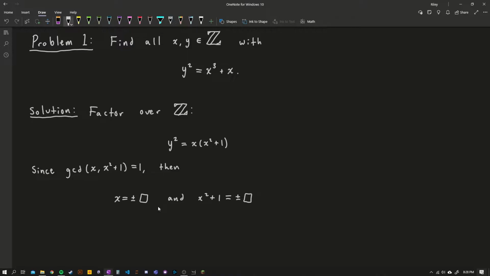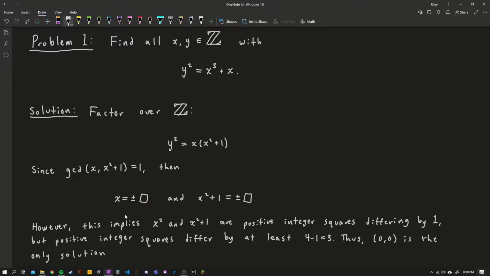But this implies that x squared and x squared plus 1 are positive integer squares differing by 1. But as we know, positive integer squares differ by at least 4 minus 1, which is 3. And therefore 0, 0 is the only solution to this equation.